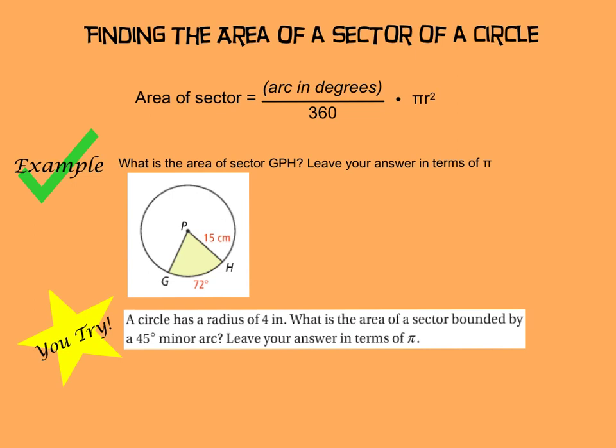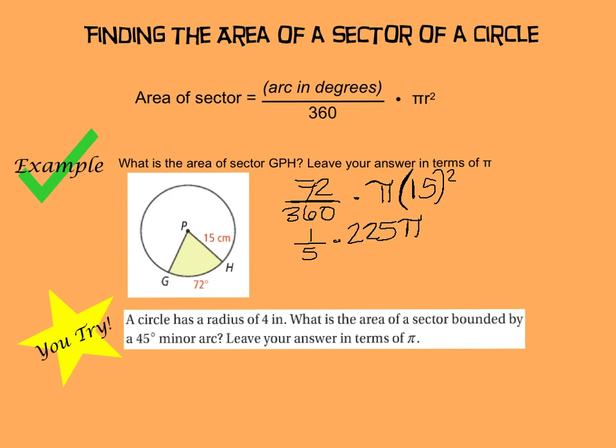Alright, so we're going to take the arc measure, which is 72. We're going to divide that by 360, and we're going to multiply this by pi times the radius, 15, squared. Well, 72 over 360, that reduces. We can divide both top and bottom by 72, so that's going to be 1 over 5, so 1/5 times 15 squared, which is 225 pi.